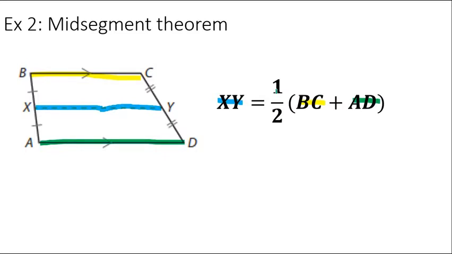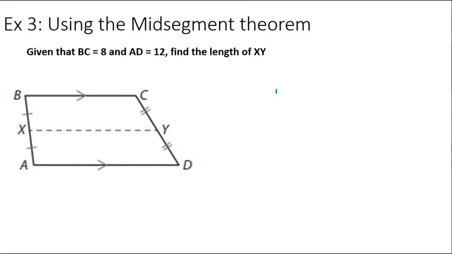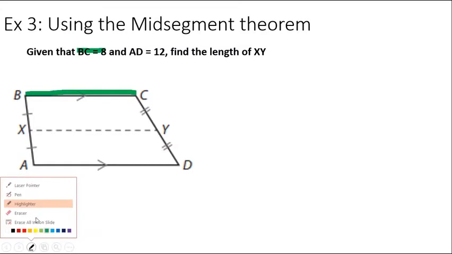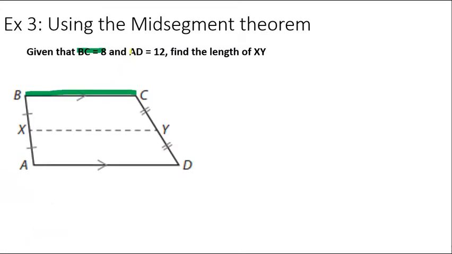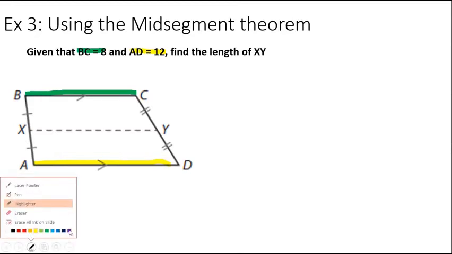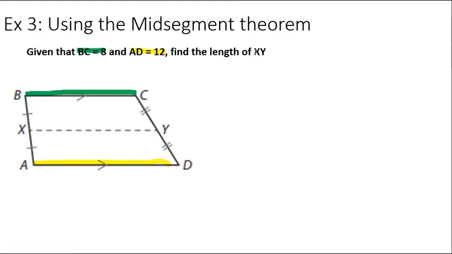So let's go through an example using this. So here they tell us that BC is 8. So BC is 8 right here. And they also tell us that AD is 12. So that's AD right here. And we want to solve for the length of XY.